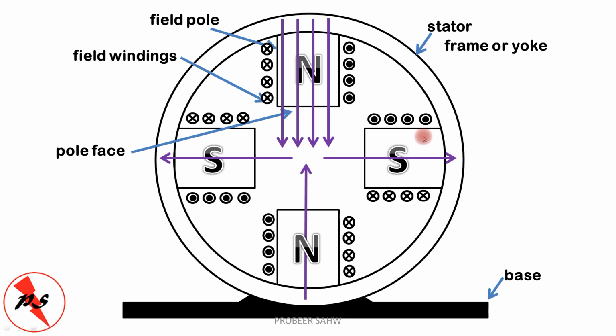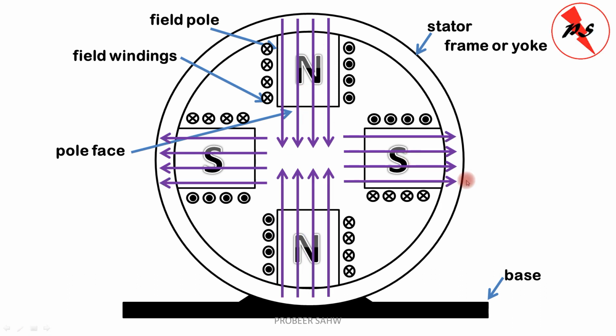Now we know there is not a single magnetic field through this north pole. There are many magnetic fields in these poles. Now these magnetic field lines that are outgoing from the north pole will diverge. Half of these field lines will diverge to this south pole and half of the field lines will diverge to this south pole due to the symmetry of the DC machine.